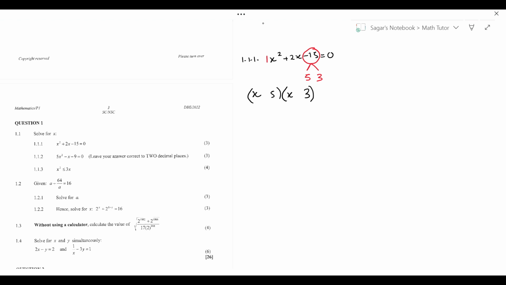Now we need to determine the signs. I see the middle term is positive 2. Therefore the 5 needs to be the larger value. Just to check that, we multiply it out real quick. We see it does in fact equal the first equation.